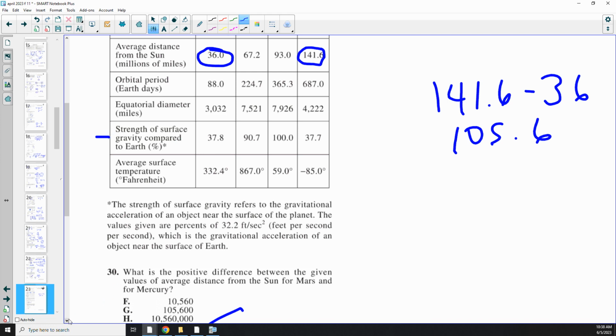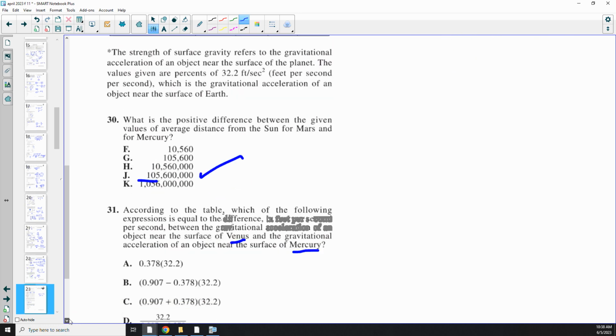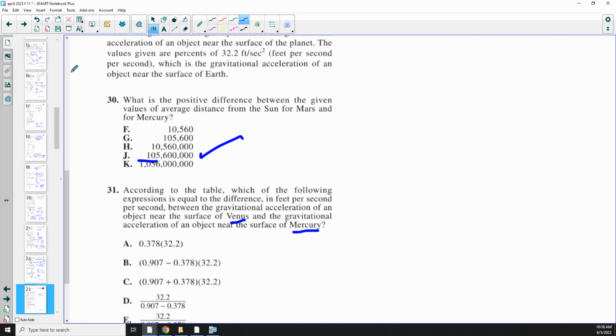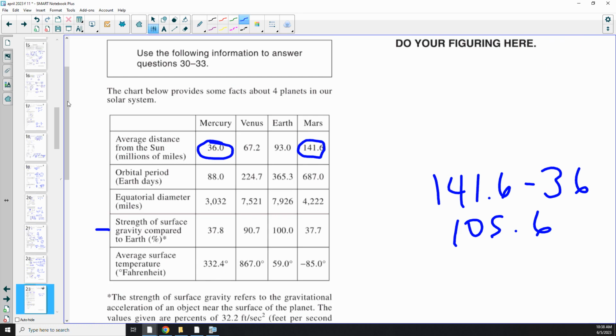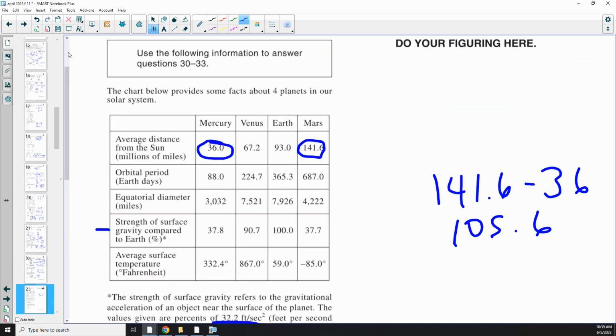So let's see, Earth would be 32.2, is the given, the strength is the percent of that, so it would be the difference in the two planets, Venus and Mercury.